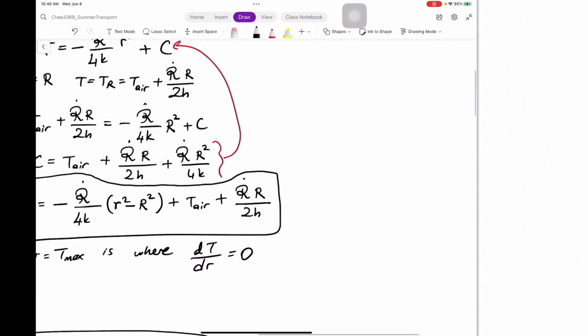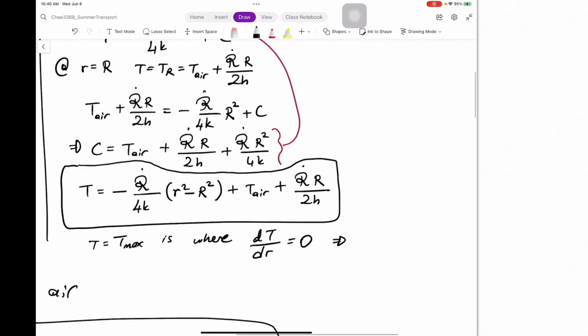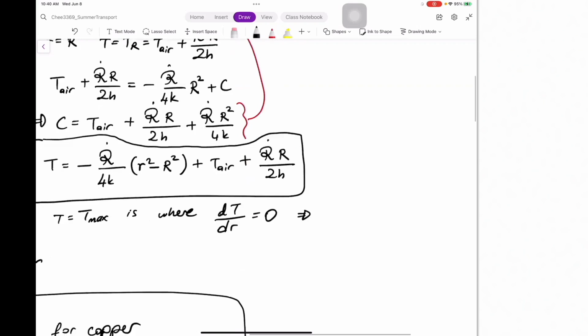If you actually write down the derivative of this thing, if you take the derivative and equate to 0, then you're going to find out that this happens at R is equal to 0.